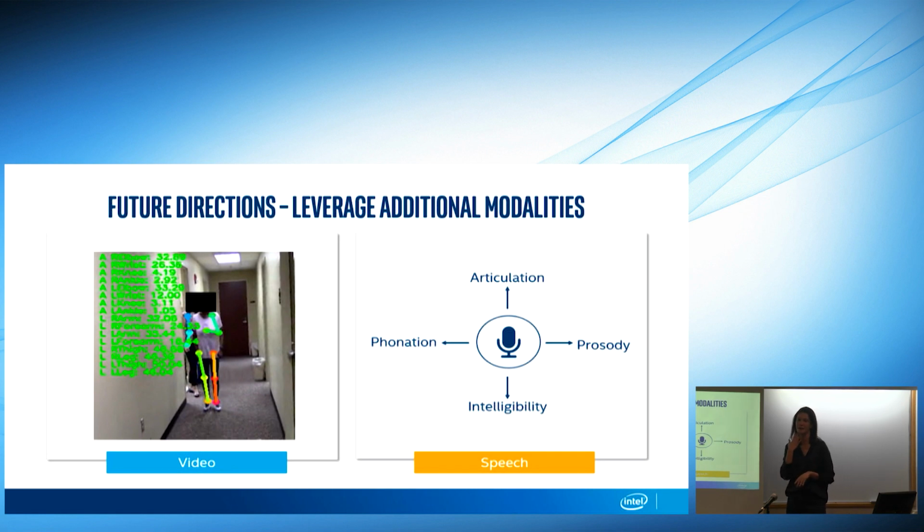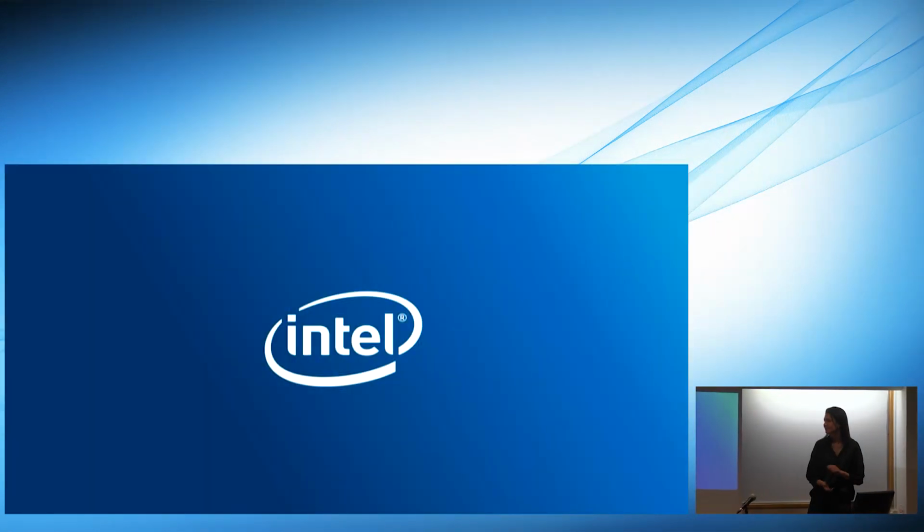The tongue, our jaw, things that are related to the rhythm of our speech, and also, since there is a cognitive aspect, also the intelligibility of our talk. So a lot of research also in this space, and a lot of opportunities going forward. That's it.